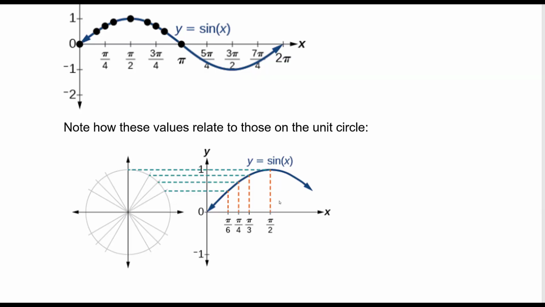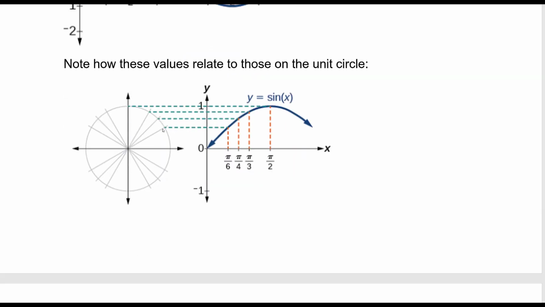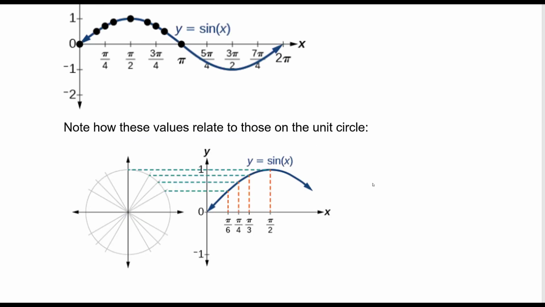Here are these first few values related to the xy plane. So from the unit circle to an xy plane, where x is the value of the angle that you found here. So x is those values. We're making this transition from unit circle to this xy plane, and we get this curve like so.